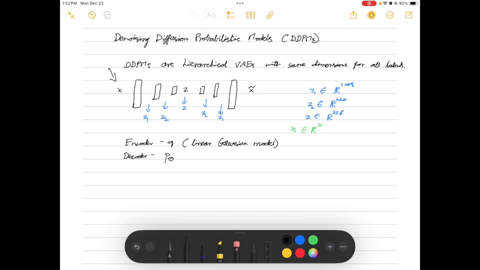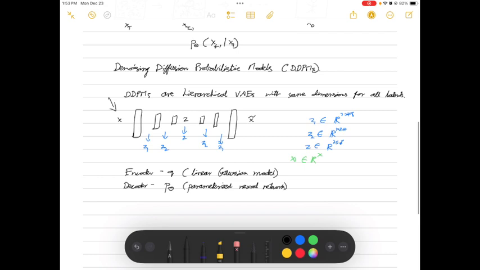It is parameterized because we want to learn to generate data. And so that's how we set up this problem, and we train this using maximum likelihood, which we'll see in the derivation part of this video.